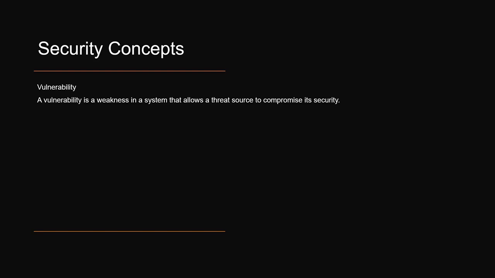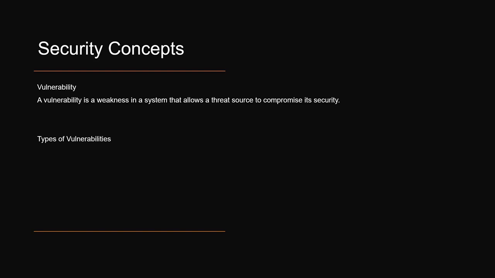Some key points that need to be understood related to vulnerabilities are types of vulnerabilities. Now, vulnerabilities can take many forms, such as software bugs, coding errors, misconfigurations, design flaws, or even social engineering tactics to manipulate human behavior.